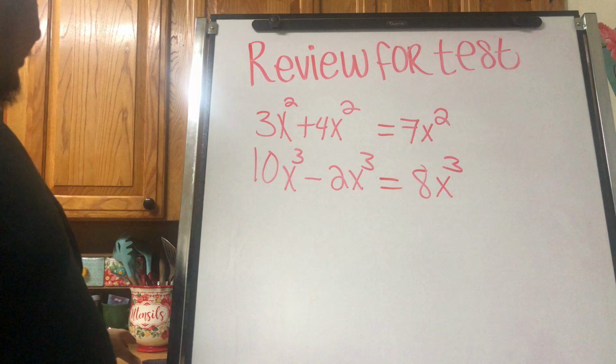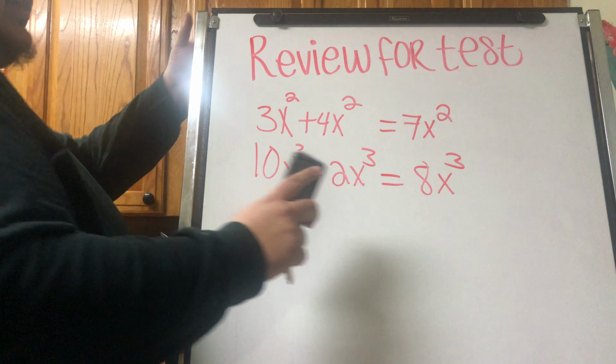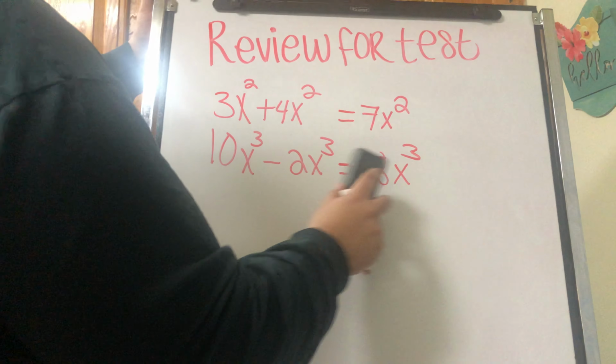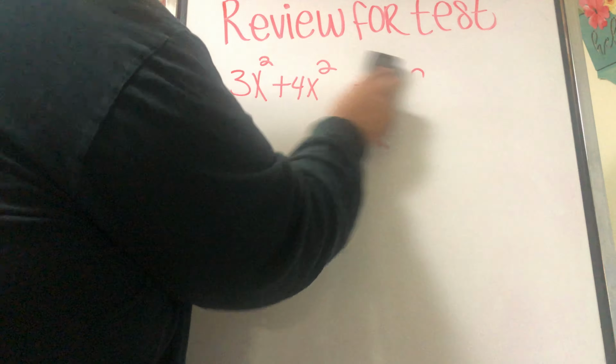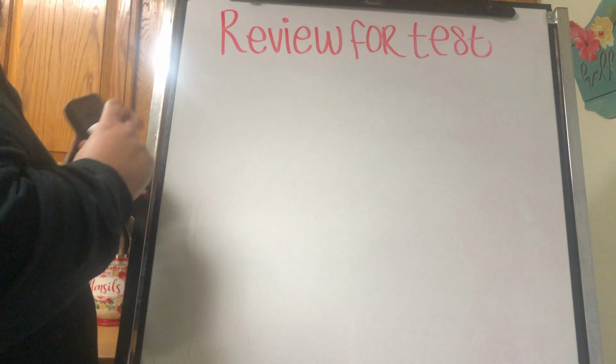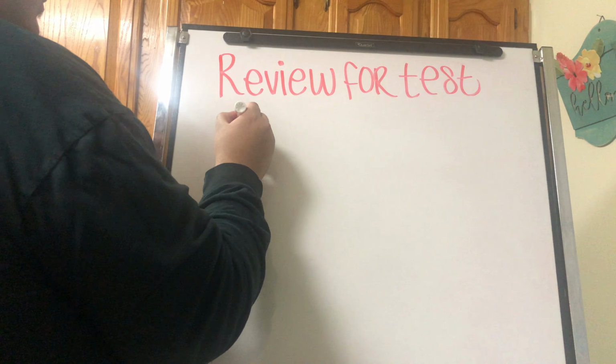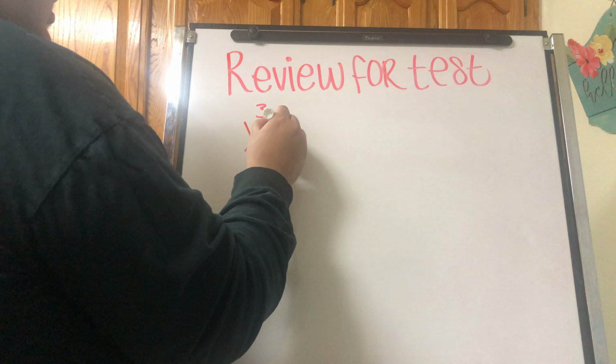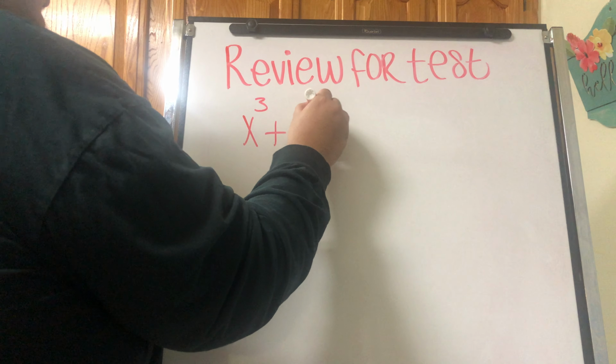Now, the difficult one from adding and subtracting is whenever there isn't a leading coefficient. Let's say we have the following problem: x to the power 3 plus x to the power 3.